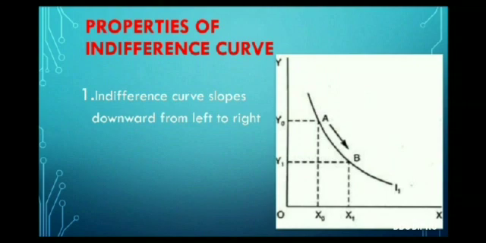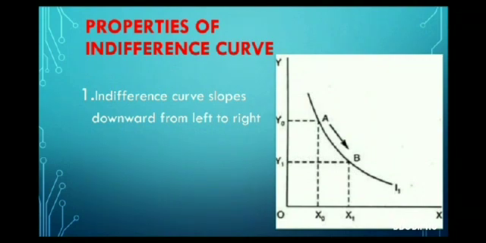Now you see here in this diagram, when the consumer increases the consumption of good X from OX to OX1, it reduces the consumption of good Y from OY to OY1 to have the same level of satisfaction along the indifference curve. This makes the indifference curve negatively sloped from left to right.